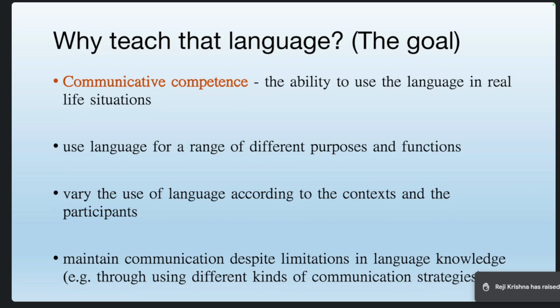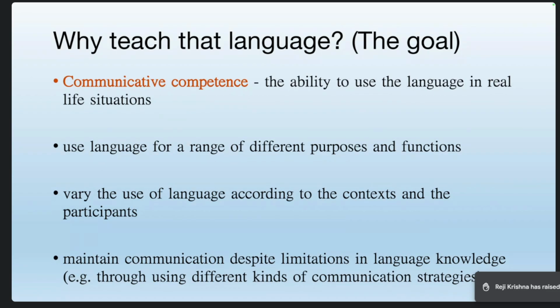So if communication is a priority, if you're learning a language, here English, basically for communicative purposes, and then if possible for academic purposes, then certainly our initial focus should be on getting our students to attain communicative competence.